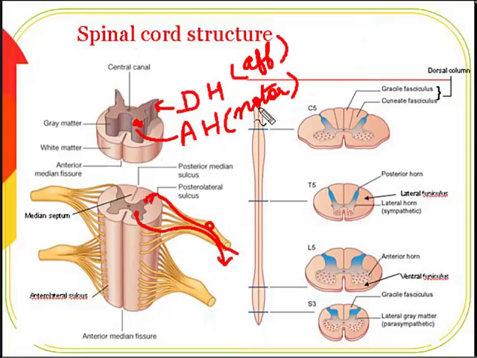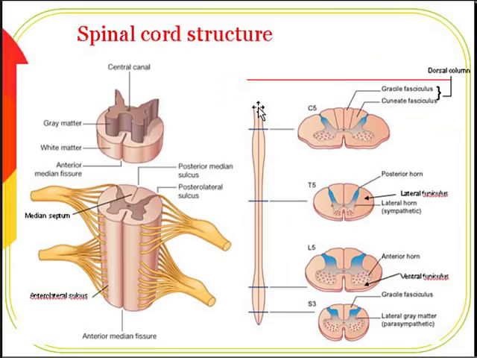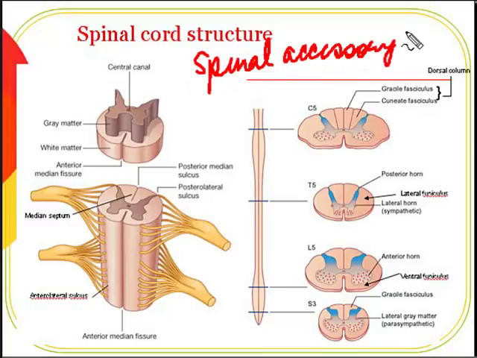Now there are certain nerves which are present, and they are not present throughout the spinal cord. They are present in the cervical region, and two important nerves are the spinal accessory nerve, which goes and joins the cranial accessory, which is the 11th cranial nerve. So spinal accessory. And we also have the phrenic nerve, which is cervical 3, 4 and 5, cervical 3 to 5.